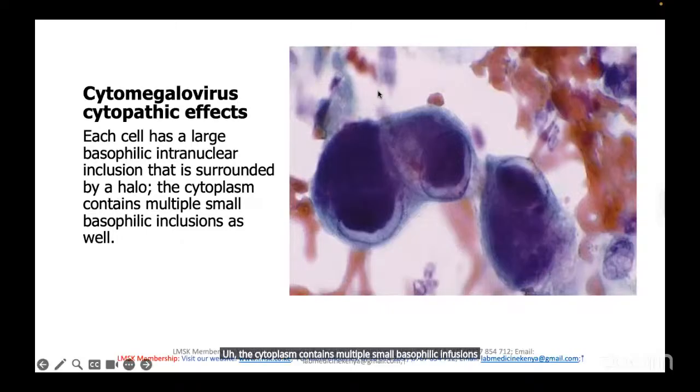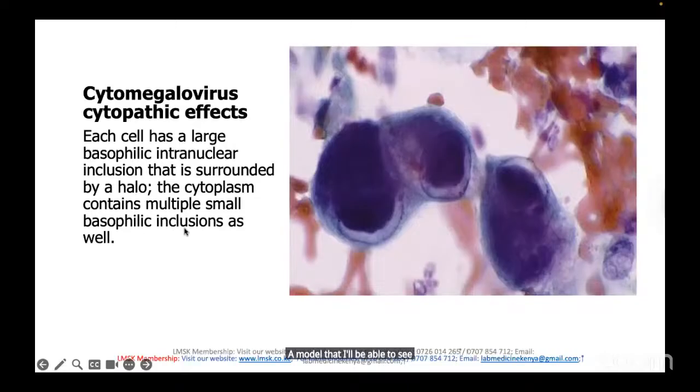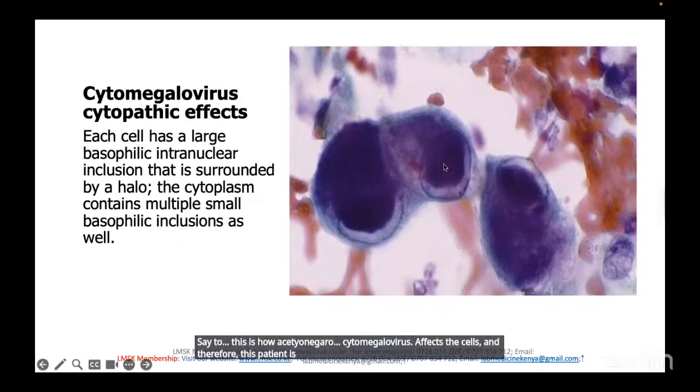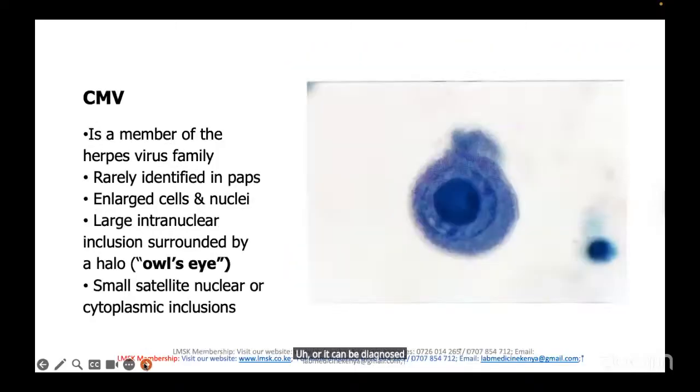So for those of us who have been in the field more, they can be able to see the basophilic inclusions that we are talking about. But for this session, we are just interested to show you that this is how a cytomegalovirus affects the cells, and therefore this patient is having cytomegalovirus infection. It can be diagnosed using cytopathological techniques.